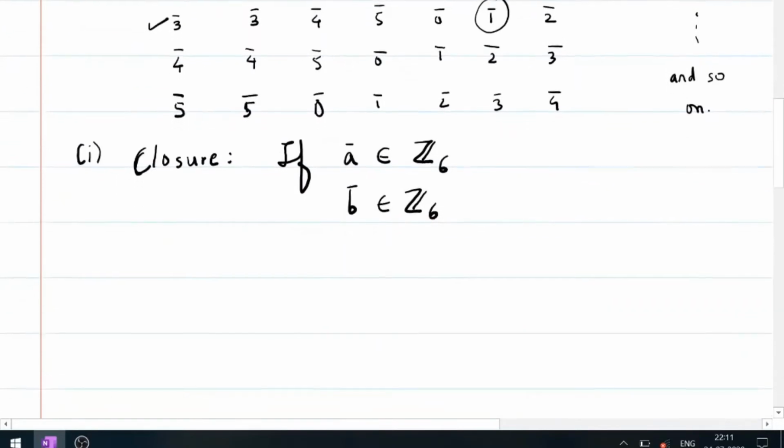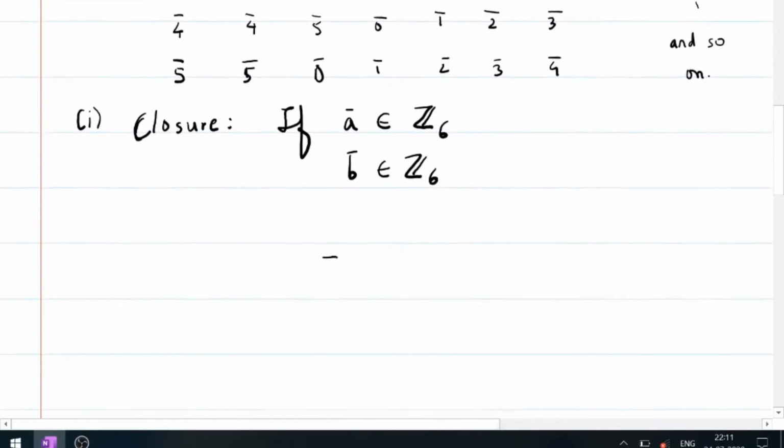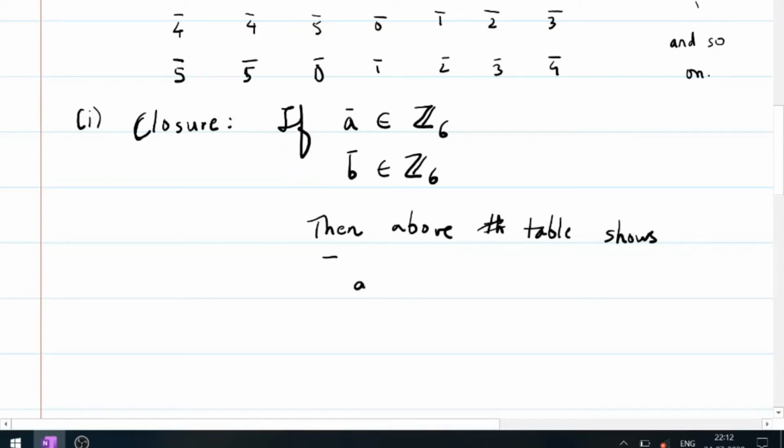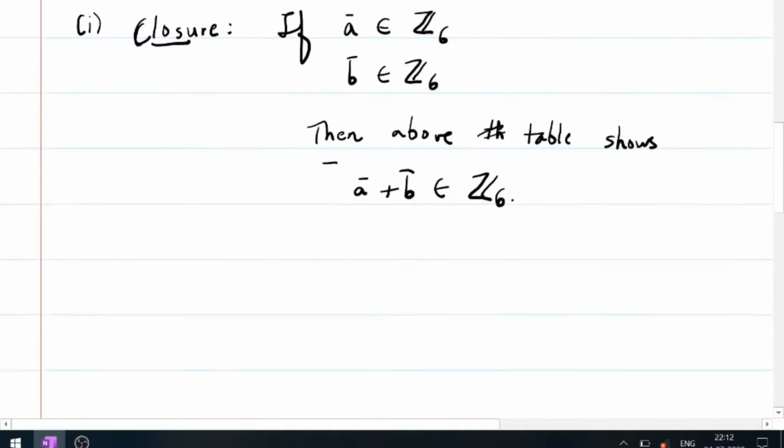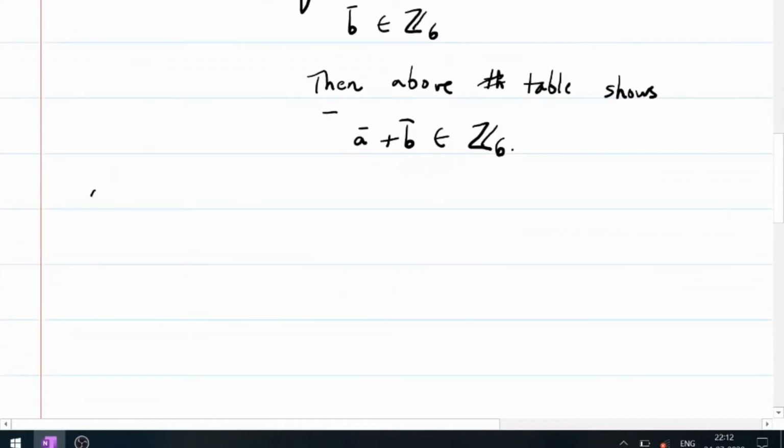So if A bar and B bar belong to Z6, then the above table shows that A bar plus B bar also belongs to Z6. So the closure property is clearly satisfied.